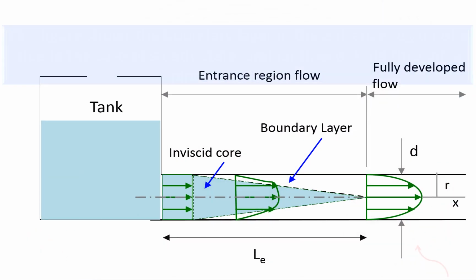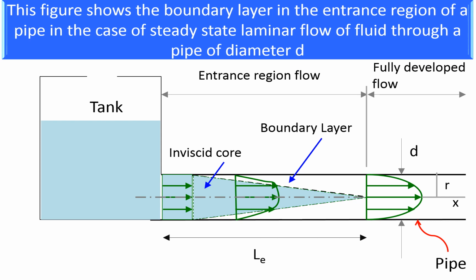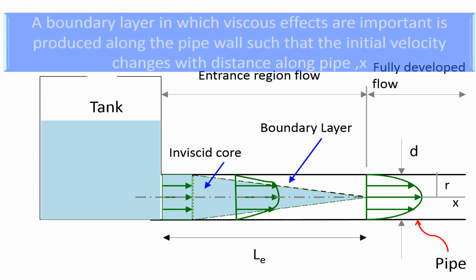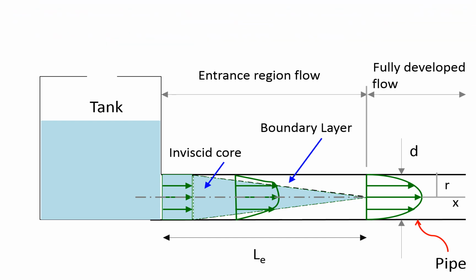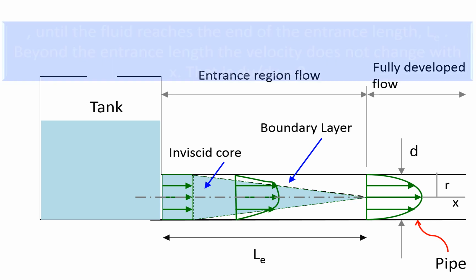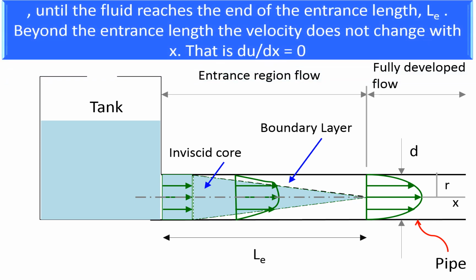This figure shows the boundary layer in the entrance region of a pipeline in the case of steady state laminar flow of fluid through a pipe of diameter d. A boundary layer in which viscous effects are important is produced along the pipe wall such that the initial velocity changes with distance along the pipe x until the fluid reaches the end of the entrance length.